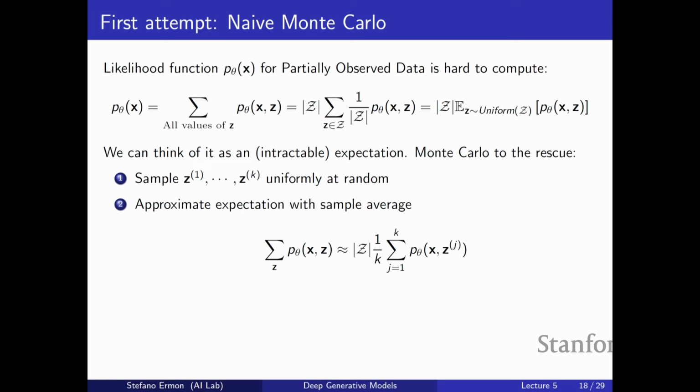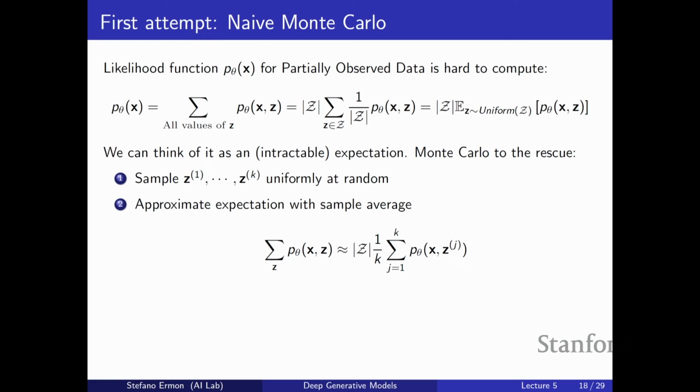Is the z an element of squiggly z? Is that just a subset of all possible values of z? That would be all possible values of z. We sample uniformly at random, and then we rescale. This is more tractable than what we were doing before, because now we're sampling a small, discrete number of values.